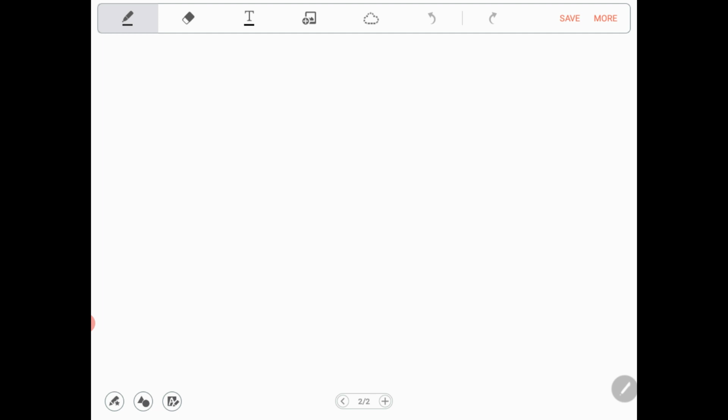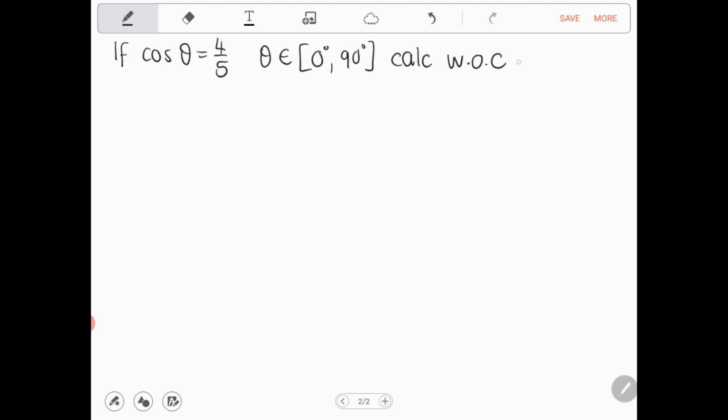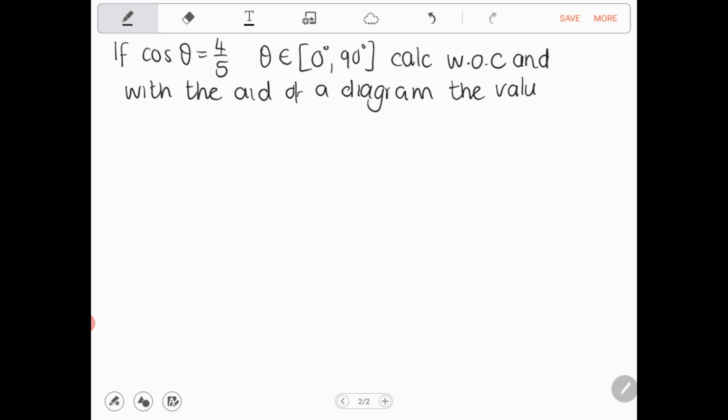So we're going to have a question like this. Cos theta is 4 over 5 and theta lies between 0 and 90. Calculate, without a calculator and with the aid of a diagram, the value of tan squared theta.